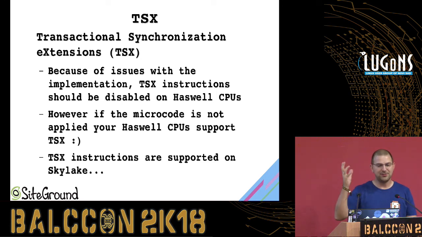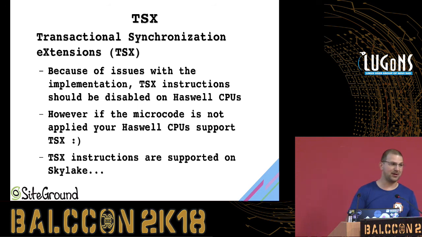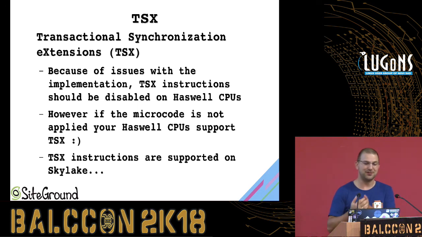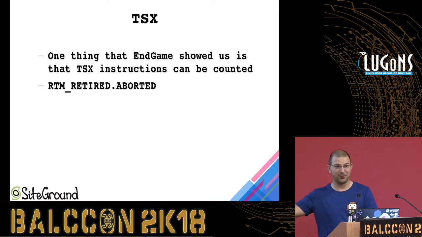However, you'd still get the cache filled with the data that you want. So TSX instructions are bad, and there is almost no software that uses them. So try to find the microcode that disables those on your Haswell and previous chips. And for Skylake, the solution is, you're not going to like it, but you have to monitor for aborted transactions.